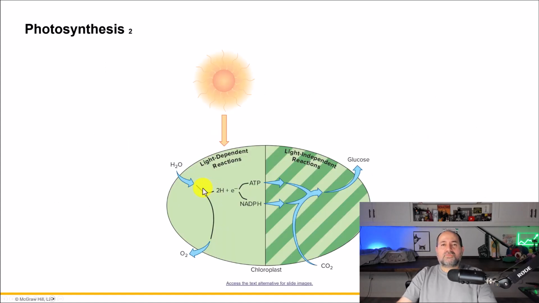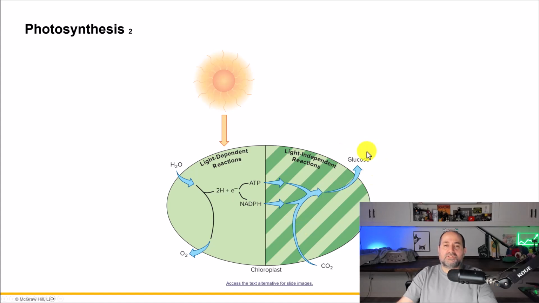So for my purposes, you should know that the light-dependent reactions require sunlight and water, and they produce ATP, NADPH, and O2. Whereas the light-independent reactions, remember, Calvin cycle takes the ATP and the NADPH from the light reactions, as well as CO2 from the atmosphere, to produce glucose, right?